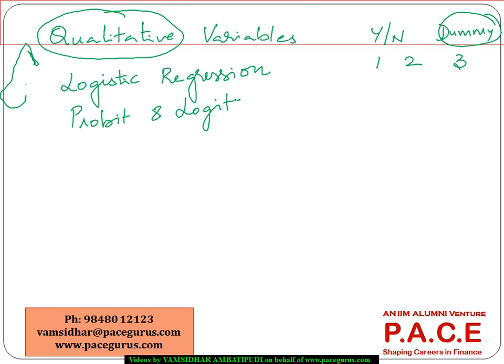We cannot use this regular regression procedure. We may have to use different concepts like discriminant analysis, logistic regression, probit and logit analysis, which I would not be covering as a part of this session, but just wanted to give a flavor of, in case my dependent variable is a categorical variable, what should I do? Can I use the same regression procedure, or is it something else that I need to look at?